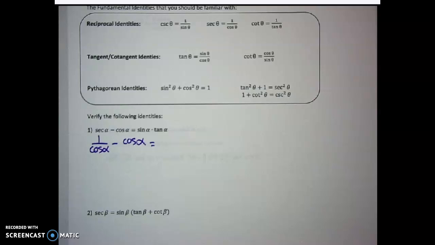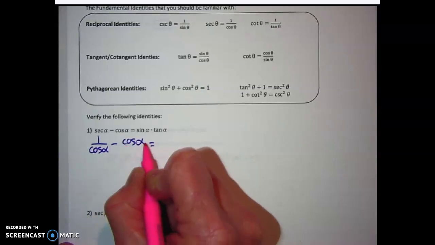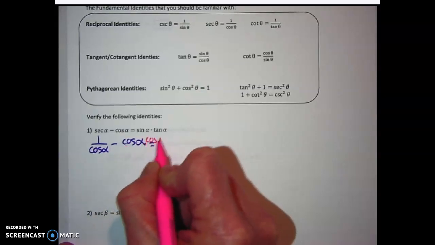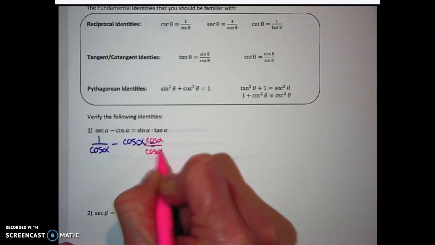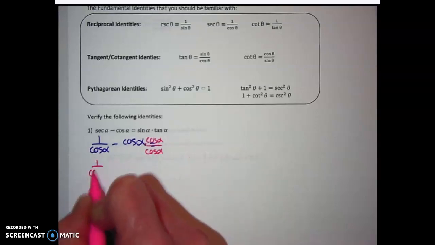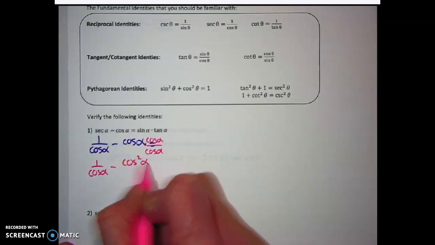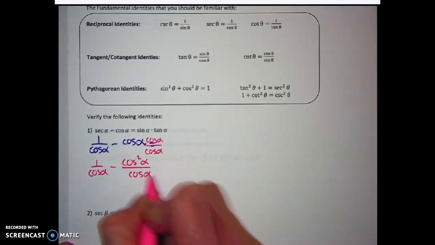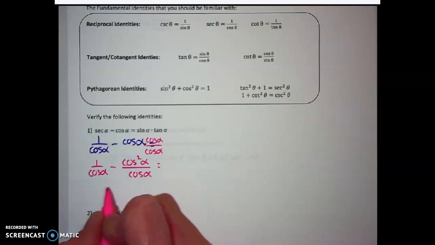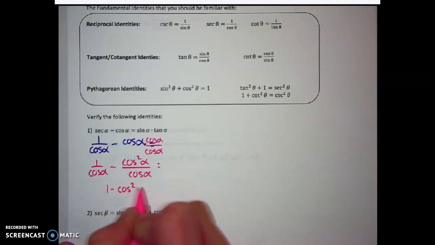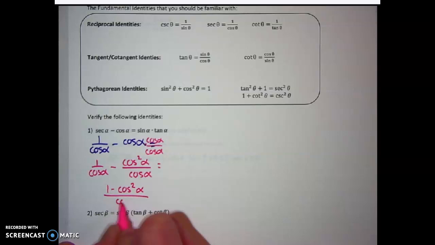So if I think about getting a common denominator, I multiply this cosine by cosine theta over cosine theta, and then I have 1 over cosine theta minus cosine squared theta over cosine theta. Now I have a common denominator, so I can write my whole numerator over my common denominator.